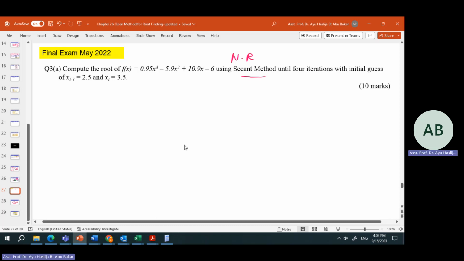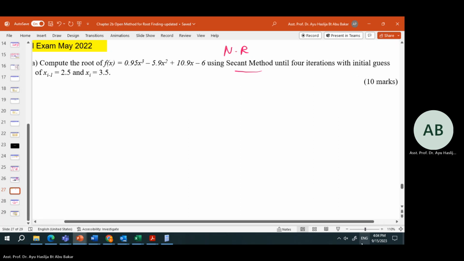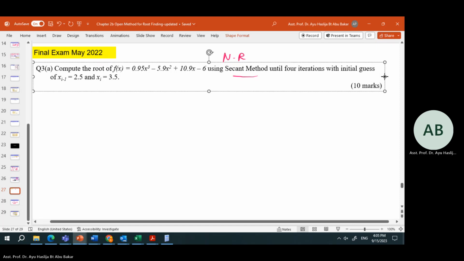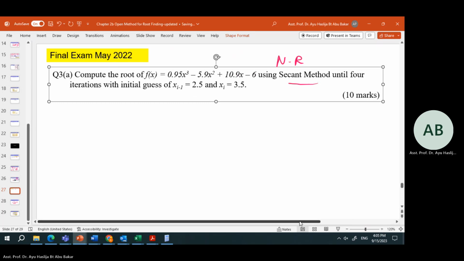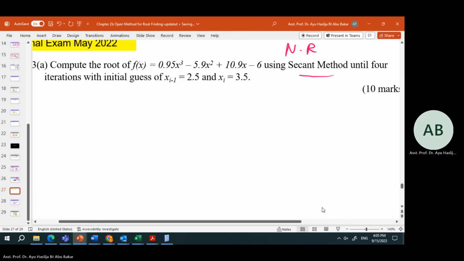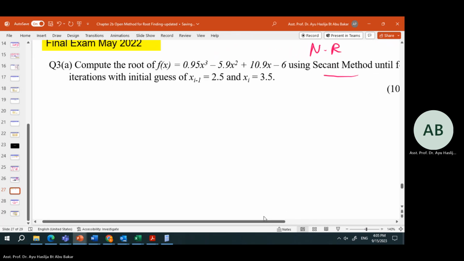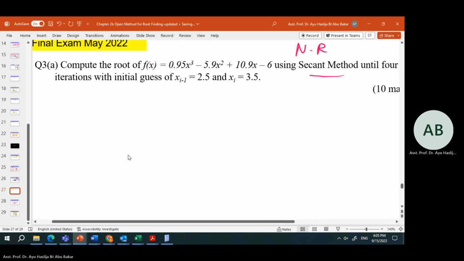Try to proceed this question using Newton-Raphson and secant method. I make it bigger. Is it clear now?